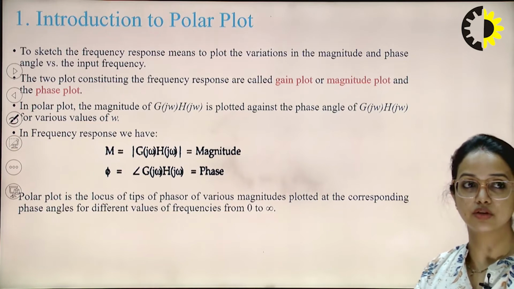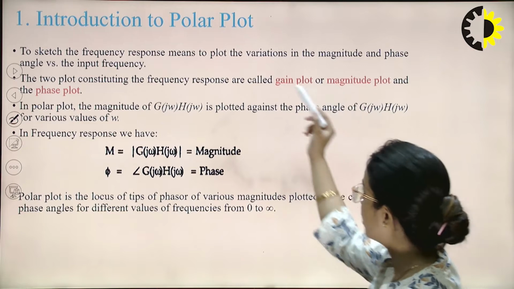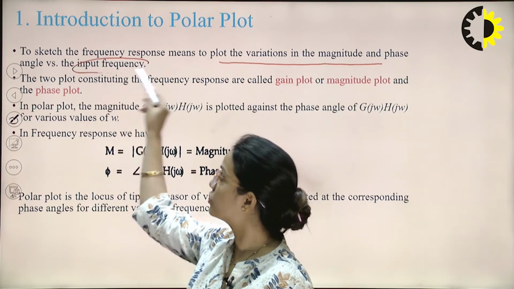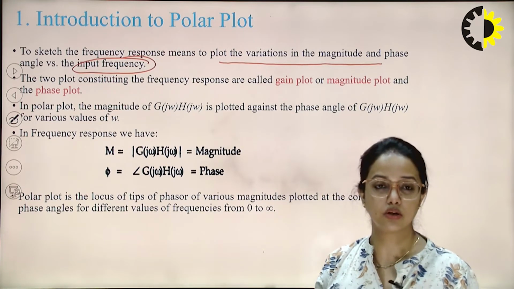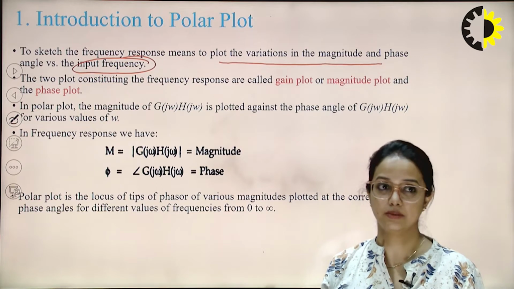In this we have an introduction to polar plot. To sketch the frequency response means to plot the variations in magnitude and phase with respect to frequency. What happens to the magnitude and what happens to the phase when the variations are with respect to input frequency?